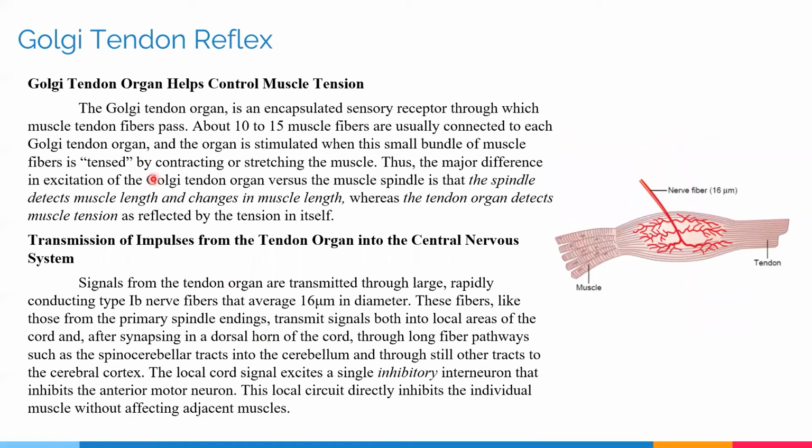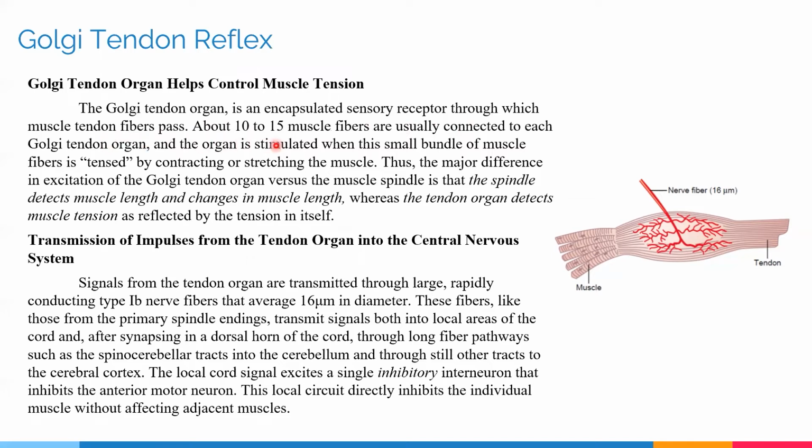Next, let us look into the Golgi tendon reflex. The Golgi tendon organ helps control muscle tension. The Golgi tendon organ is an encapsulated sensory receptor through which muscle tendon fibers pass.